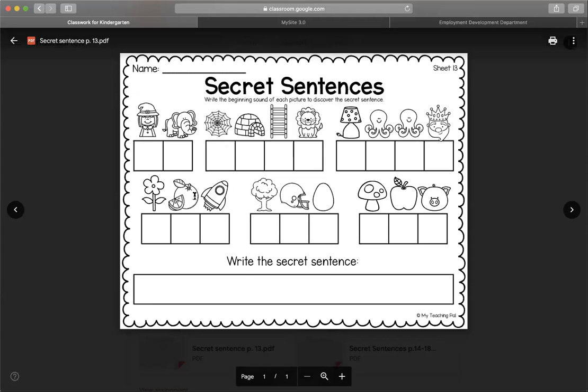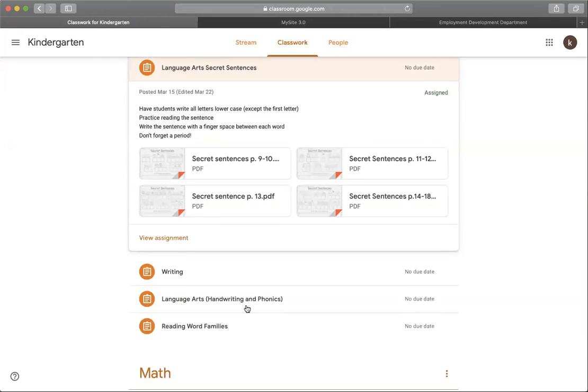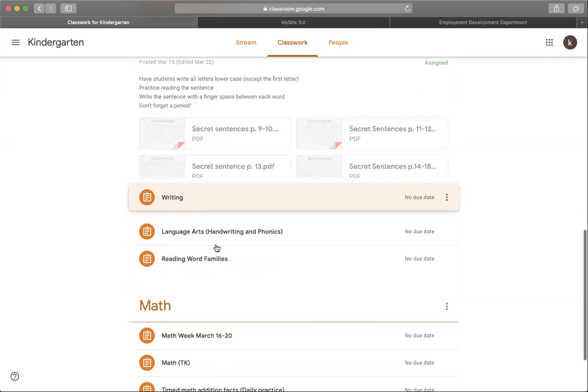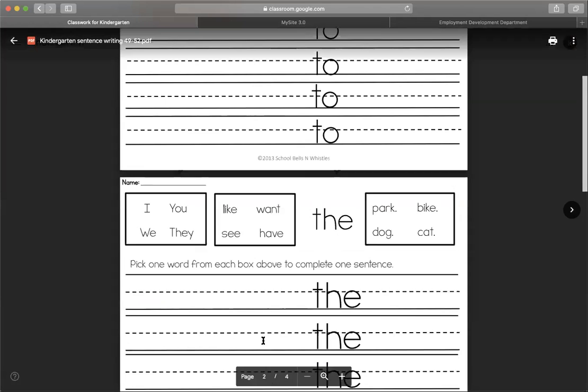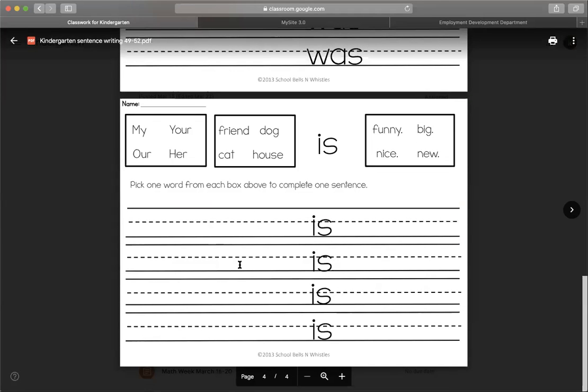That's page 13. Oh, this is page 12. We're gonna print out the last page under kindergarten sentence writing.